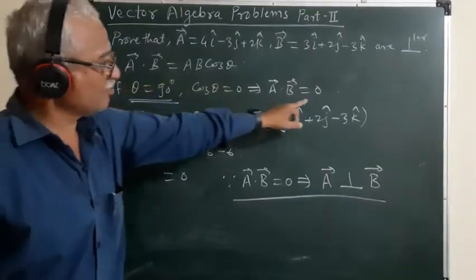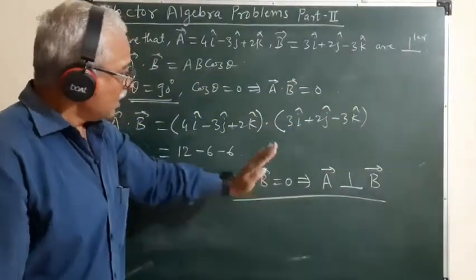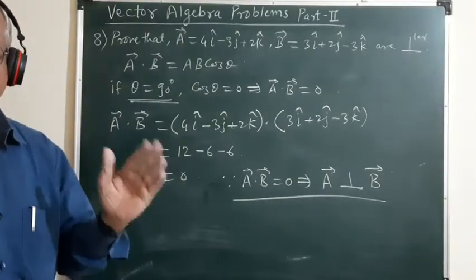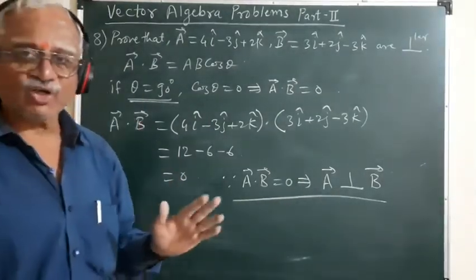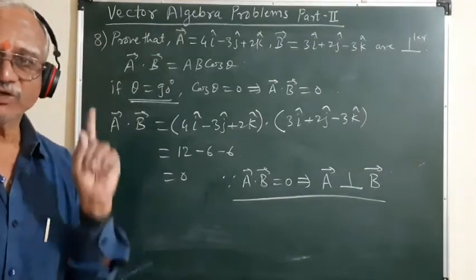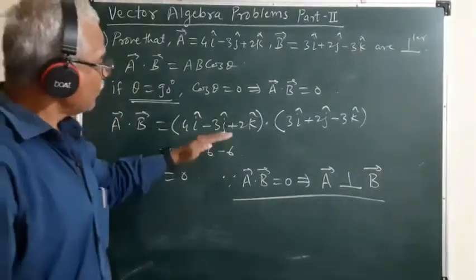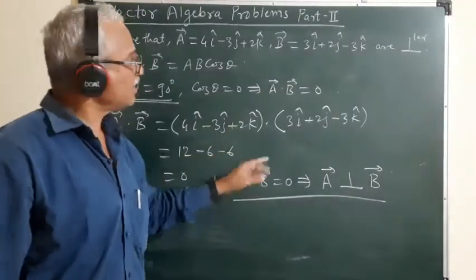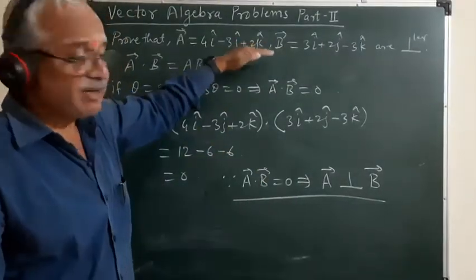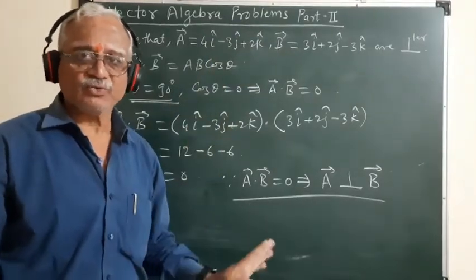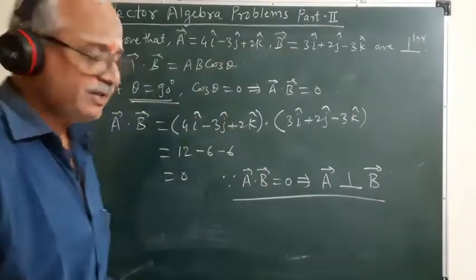So to show that two vectors are perpendicular, we can evaluate the dot product of these two vectors, and if the dot product works out to be equal to 0, then we can straight away say that the two given vectors a bar and b bar are mutually perpendicular to each other. Okay?